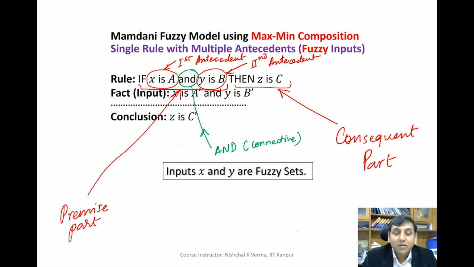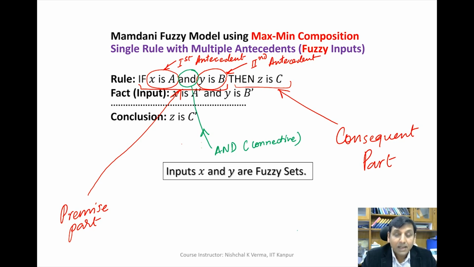Now what happens when we apply the inputs x and y to this model? What is the kind of output that it generates? So there can be two scenarios. The first scenario is that x, y can be the fuzzy inputs as we have seen in the previous case.